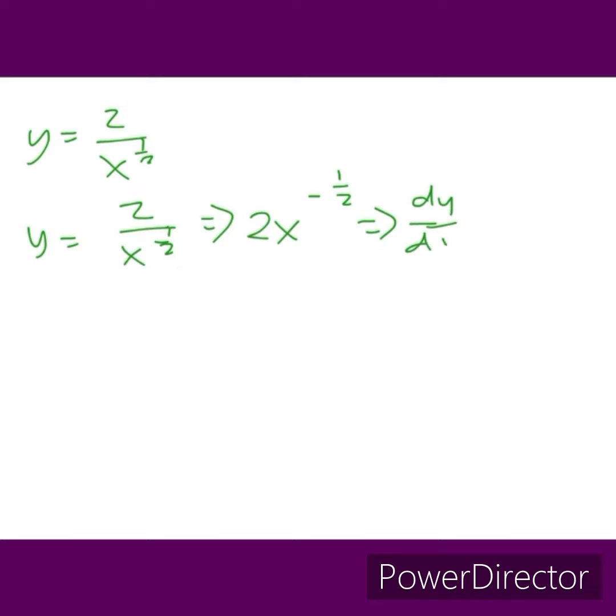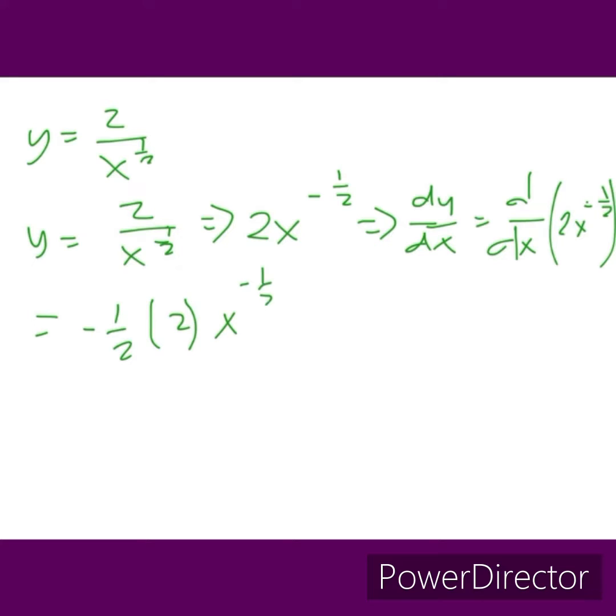So derivative of y is equal to derivative of 2x raised to negative 1 half, which is negative 1 half times 2 times x raised to negative 1 half minus 1, equal to negative x raised to negative 3 halves, which is equal to negative 1 over x raised to 3 halves, or we can say that we have negative 1 over x square root of x.